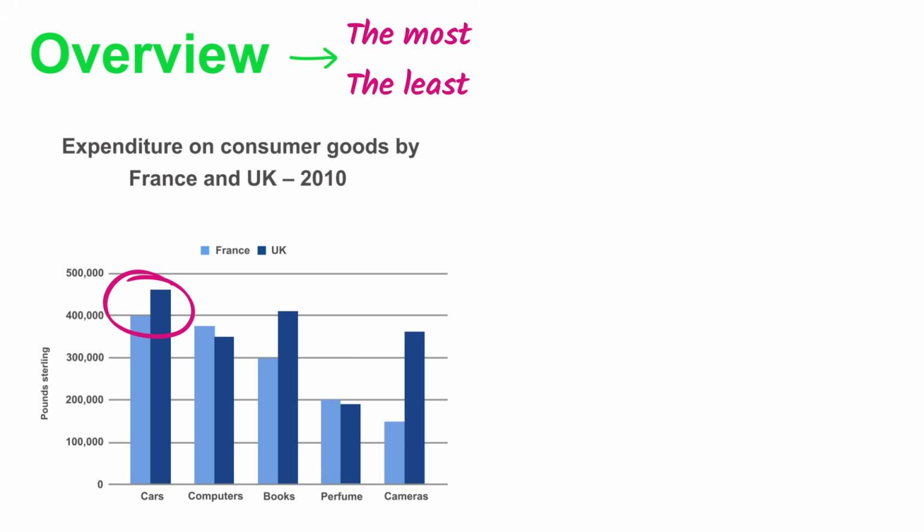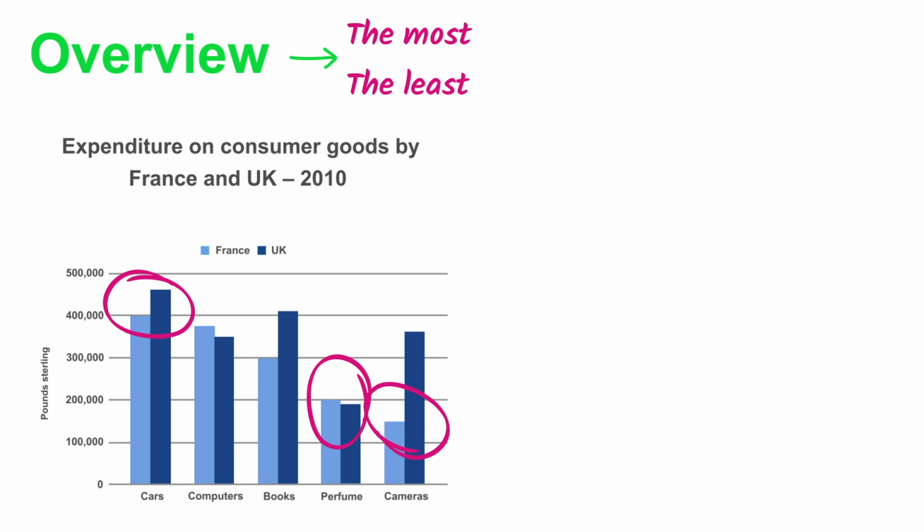So in overview paragraph, we start with writing about the most, which is cars. And what about the least? The least, as you can see, is cameras. So cameras for France, and perfume for the UK. That's it. In writing our overview paragraph, we start with the most and the least.